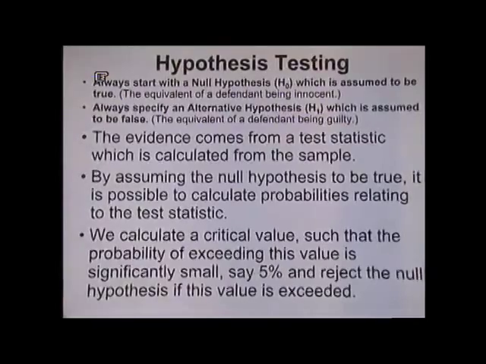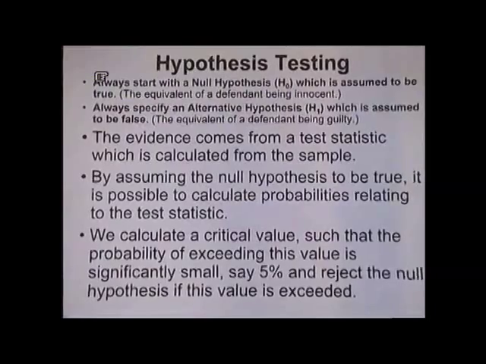And what we'd look at is some sort of critical value, such that the probability of exceeding that value is small. If the chance of what we have seen happen is smaller than that, then we say actually they're guilty, because it just couldn't have happened by chance. So what we're saying is 5% is deemed to be statistically significant.